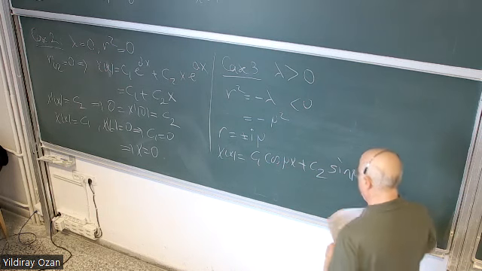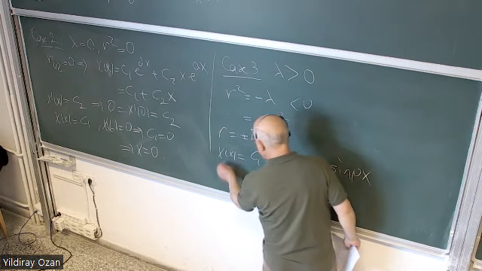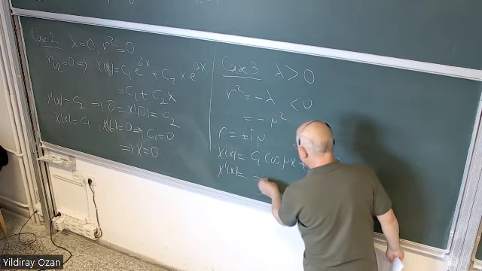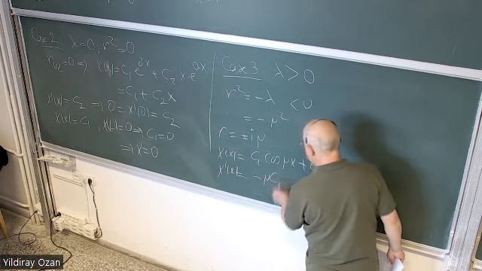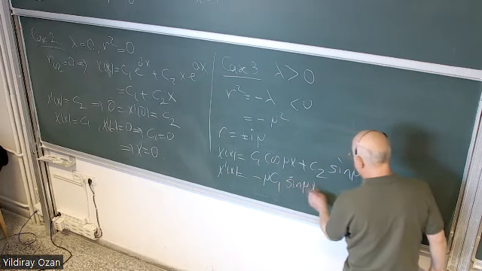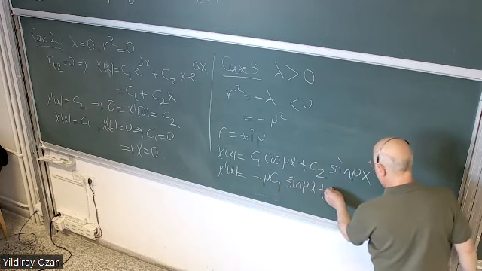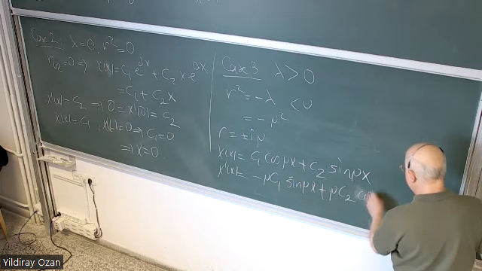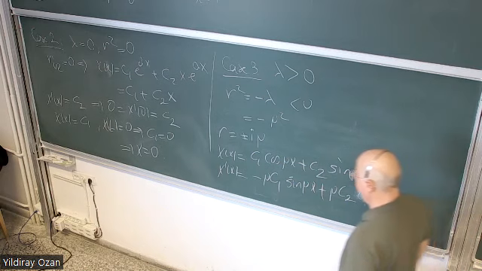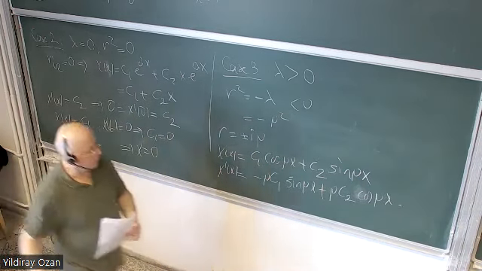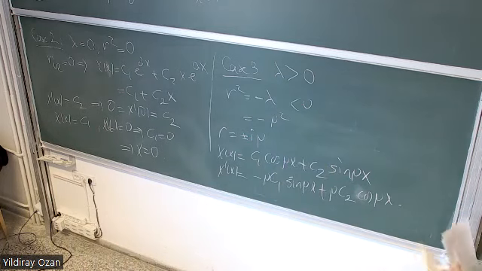Okay. I need the derivative, so it is just minus mu times c1 sine mu x plus mu times c2 cosine mu x. Okay. We will compute this at 0.